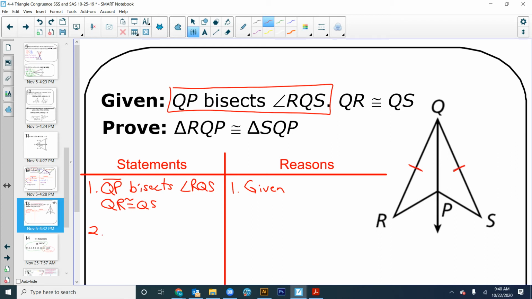Well, first of all, does everyone see where angle RQS is? Is it one of the angles in the triangles? Or is it the whole angle? It's the whole angle. Do you agree?